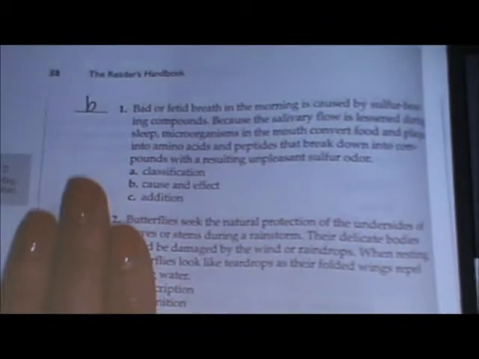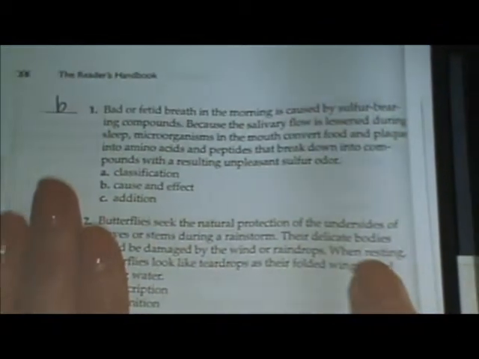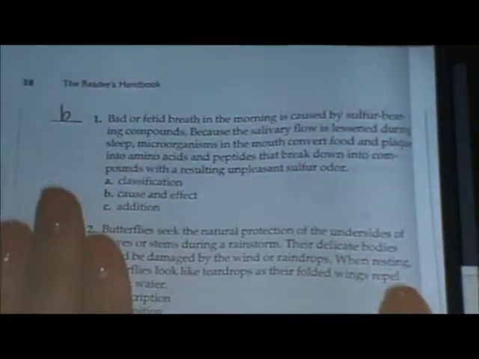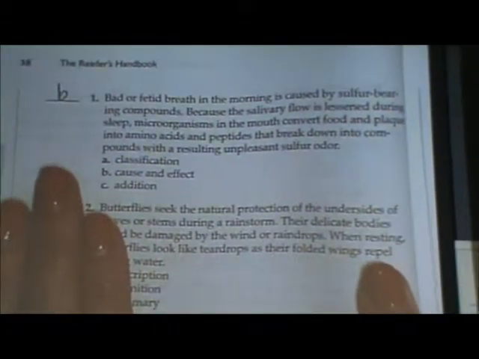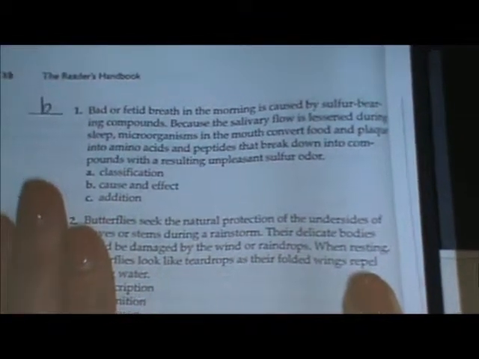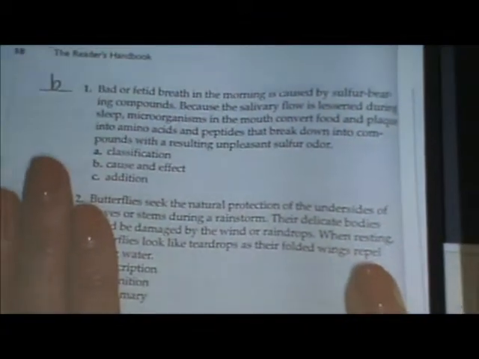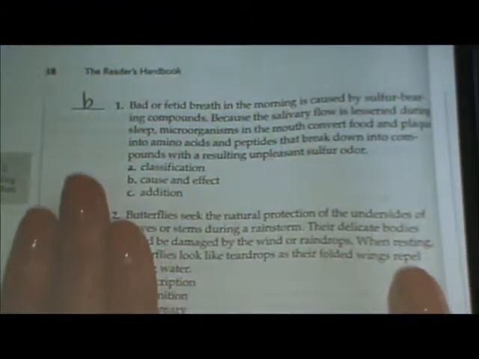I'm covering up some of the answers because I don't want you to see all of them, but let's just do number 1 together. Number 1 says, bad or fetid breath in the morning is caused by sulfur-bearing compounds. Because the salivary flow is lessened during sleep, microorganisms in the mouth convert food and plaque into amino acids and peptides that break down into compounds with a resulting unpleasant sulfur odor.